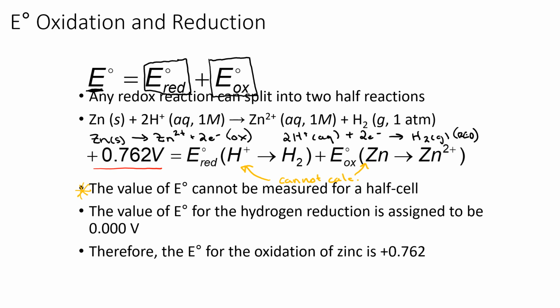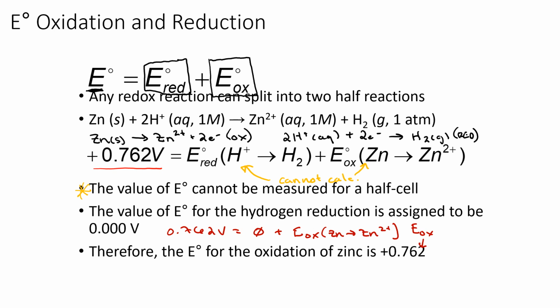I could say that 0.762 volts is equal to 0 plus E naught oxidation for our zinc to zinc 2+. And so the E naught oxidation for zinc is going to be 0.762. Now, is that exactly what the value is? Don't know what the value is, but now we have that value.